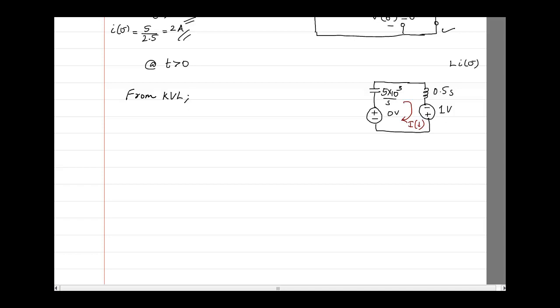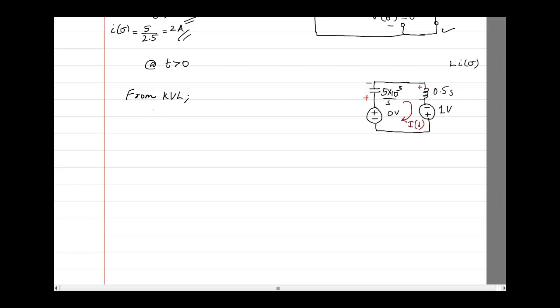So let me draw the polarities. The current is flowing like this, clockwise direction. This will be plus, this will be minus, this will be plus, this will be minus. Okay, and 0 volt as such we can avoid. There is no need to draw this also, but I have drawn it just because we follow the rules, that's all.